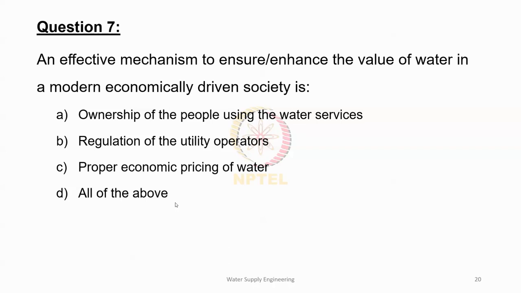Option A, ownership of the people using the water services. Option B, regulation of the utility operators. Option C, proper economic pricing of water. Option D, all of the above.